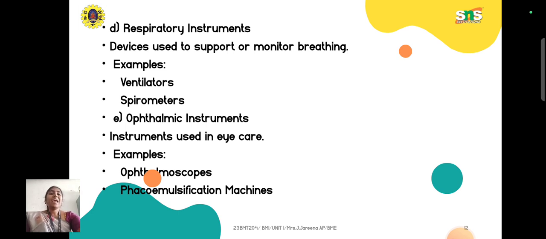So these are the areas we are focusing on here. Not only these five, we have n number of areas like neurology, nephrology, gynecology, obstetrics, pediatrics. These areas have different sets of specialized equipment. That's why it has different classifications based on area.